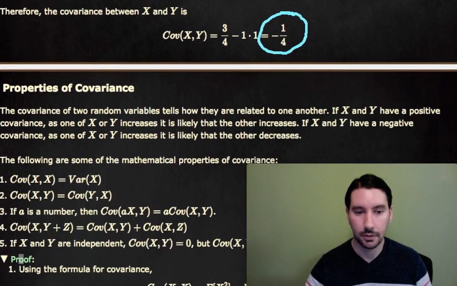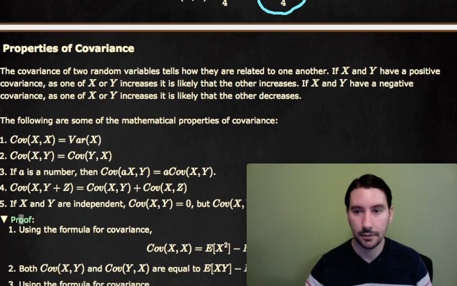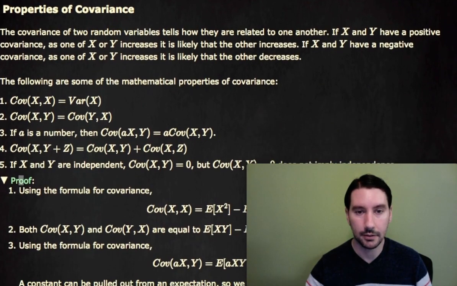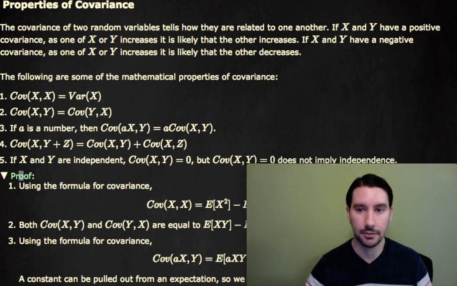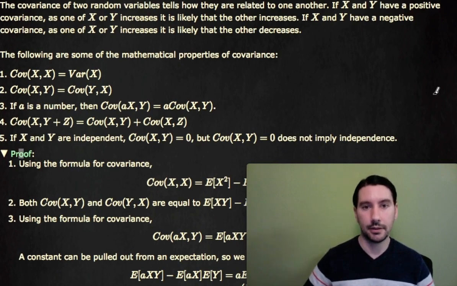So let's look at a few properties of covariance. If X and Y have positive covariance, this means, as I've said, that if one of X or Y increases, it's likely that the other also increases. But negative covariance would mean if one increases, it's likely that the other one decreases.